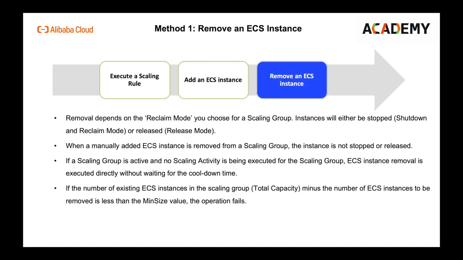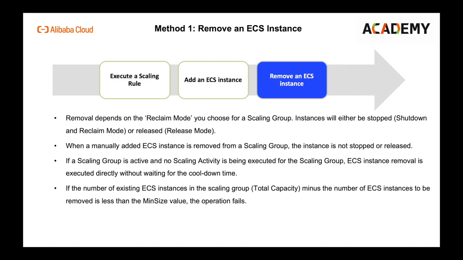Manually added ECS instances are not associated with your scaling configuration in the scaling group, so they don't count here. Removing an ECS instance depends on the reclaim mode you chose. Instances will either be stopped if you chose shutdown and reclaim mode, or they'll be released if you chose release mode. When a manually added ECS instance is removed from a scaling group, the instance is not stopped or released. If a scaling group is active and no scaling activity is being executed for the group, your ECS instance removal will occur immediately without waiting for the cooldown.